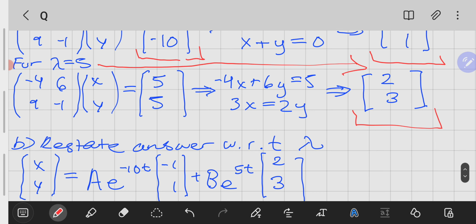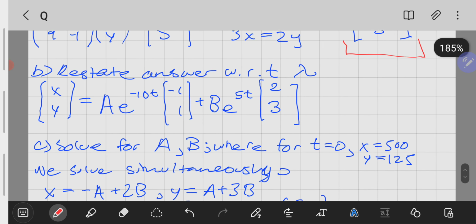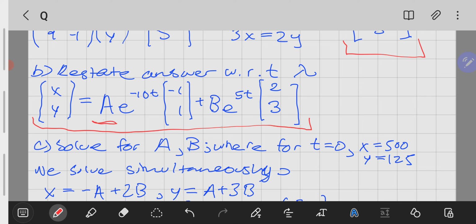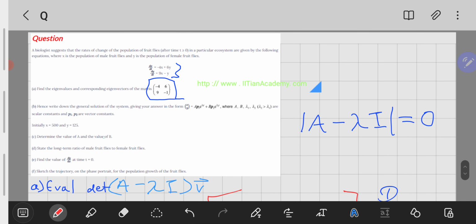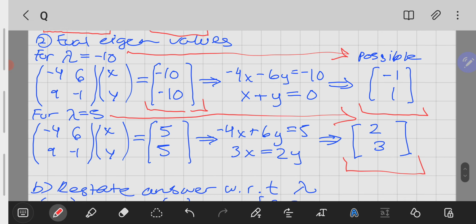We do so by restating our values with respect to lambda in the desired form. We do not know the values of a and b, of course. In question C, we are asked to determine their values such that x is equal to 500 and y is equal to 125. So we can substitute these values into our equation and then evaluate for a and b.